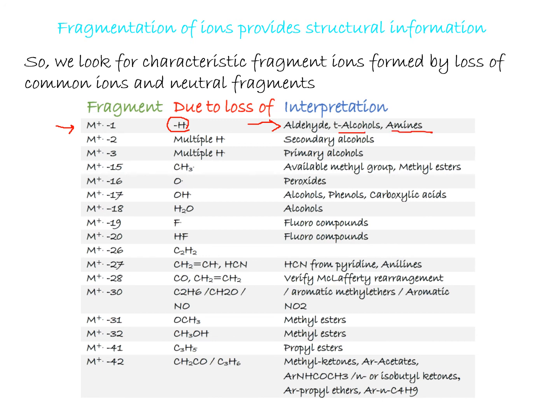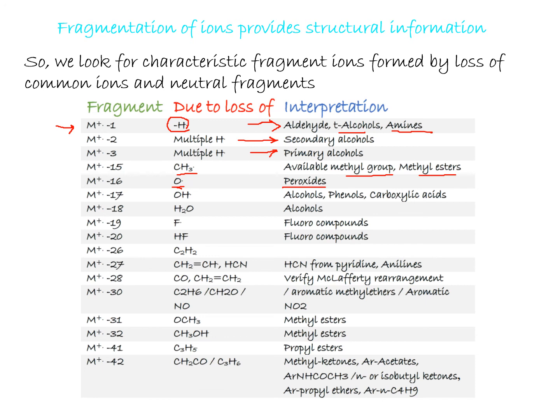If you lose 2, you have a secondary alcohol. If you lose 3, it's multiple elimination of hydrogen, you lose primary alcohols. If you eliminate CH3, you have a methyl group, methyl ester. If you have M-16, you eliminate an O radical, peroxides.